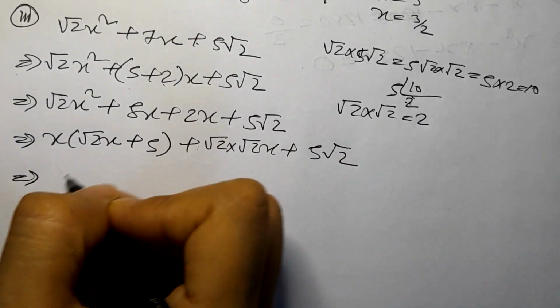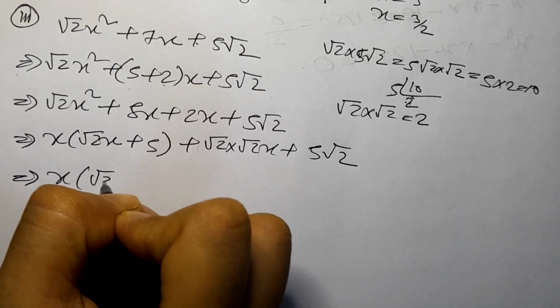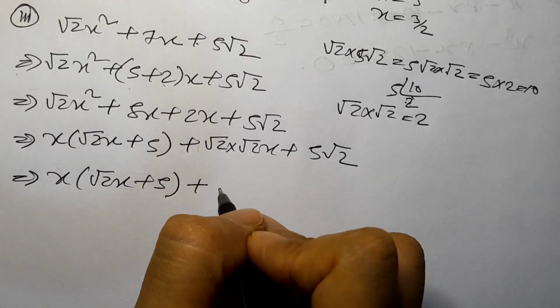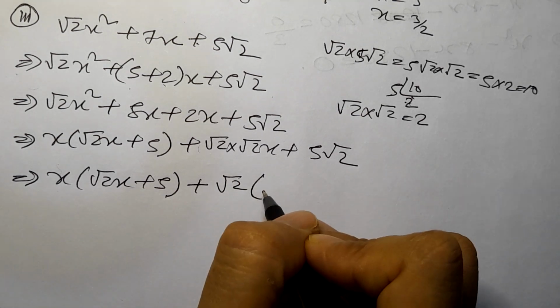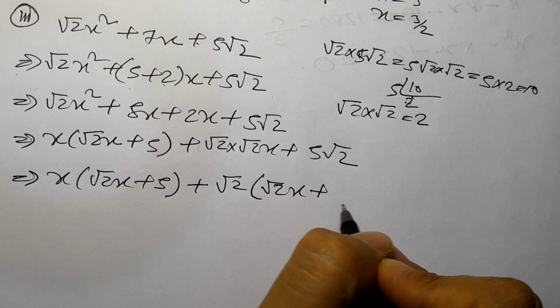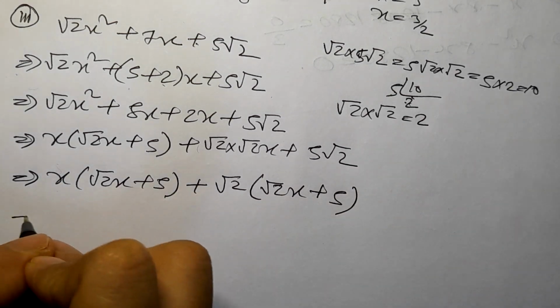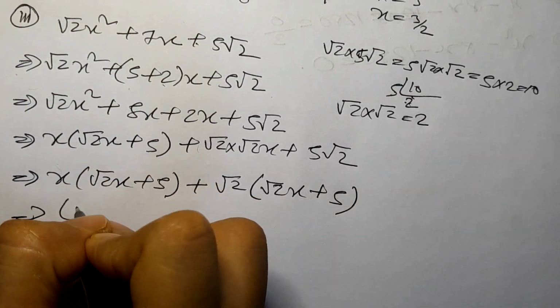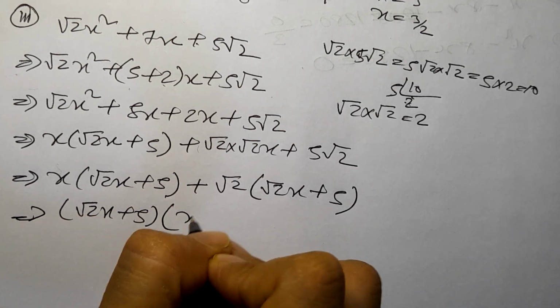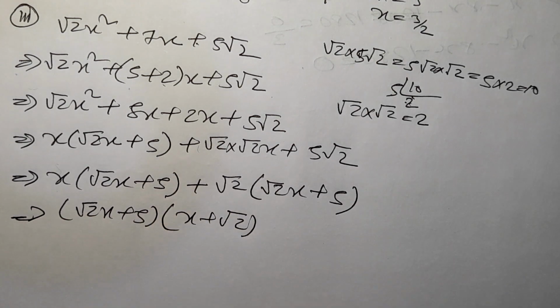Take it common: √2 is common. Write the same first, √2 x + 5, another is x + √2, either-or.